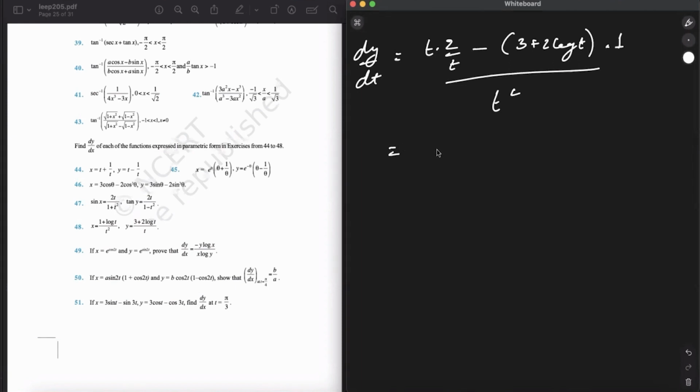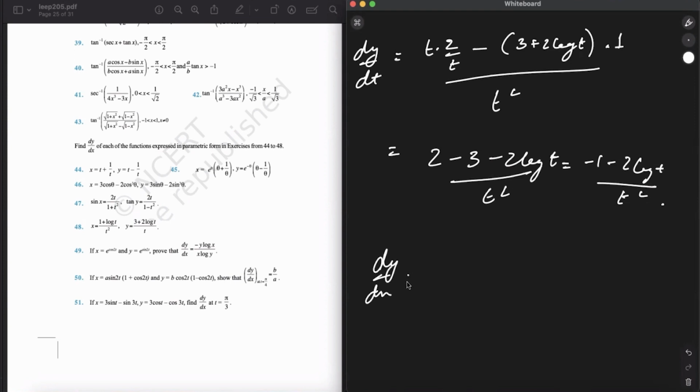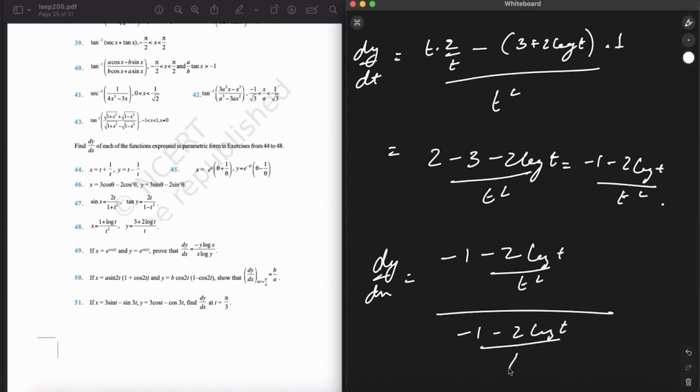So on simplifying it, 2 minus 3 minus 2 log t, whole divided by t square, which is minus 1 minus 2 log t upon t square. So in order to find dy by dx, divide dy by dt by dx by dt. So it is (minus 1 minus 2 log t) whole divided by t square, and (minus 1 minus 2 log t) whole divided by t cube. So it is equal to t.